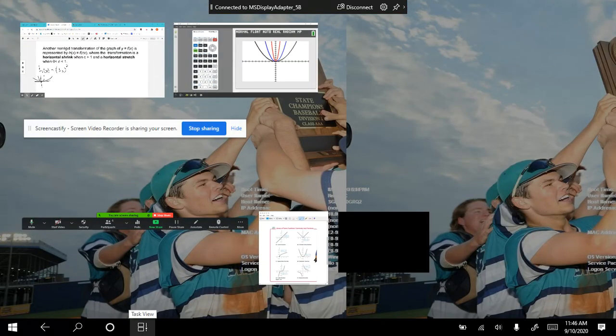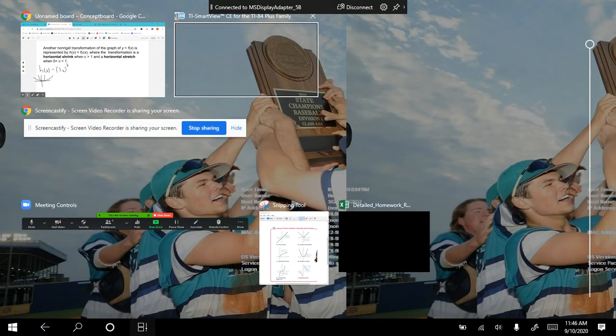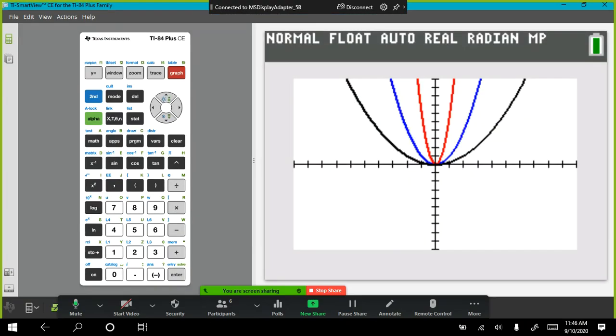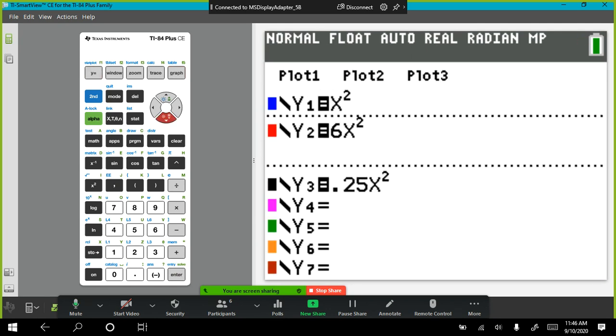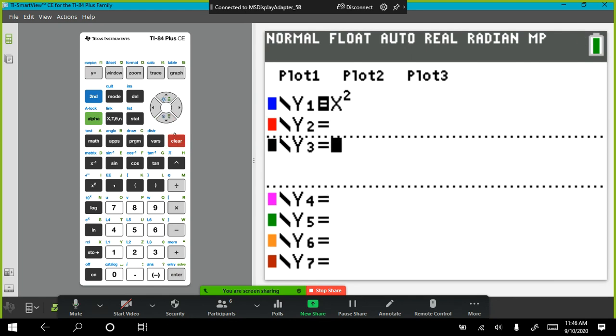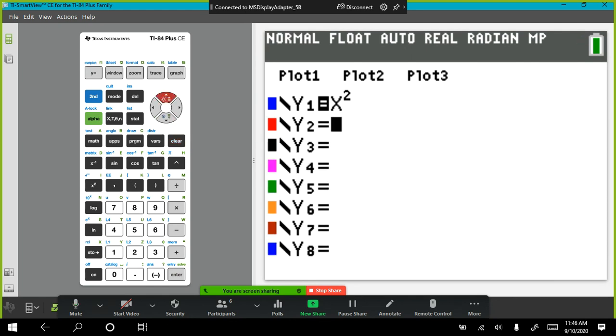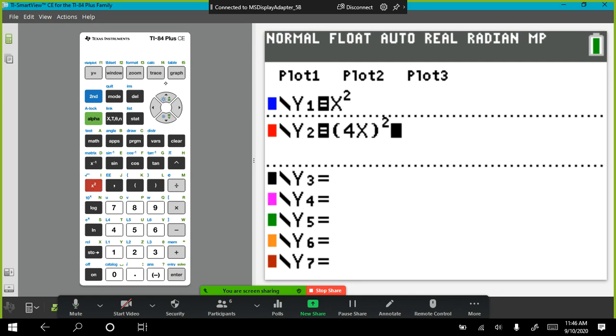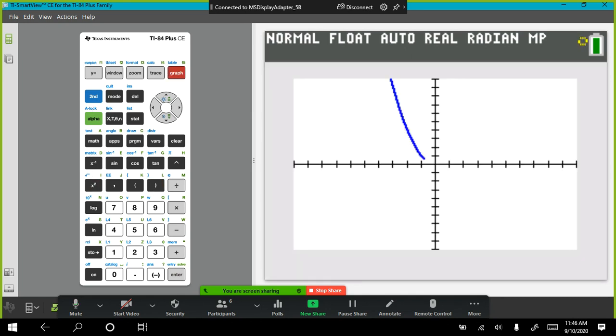Okay, so let's look at that in play up here. It's going to be very similar to the other because of the way a parabola is set up. But if I put, let's just say 4x, and then I square that, that is a horizontal stretch.